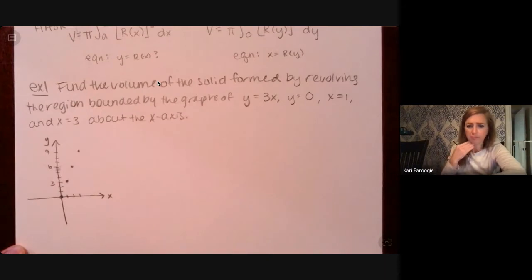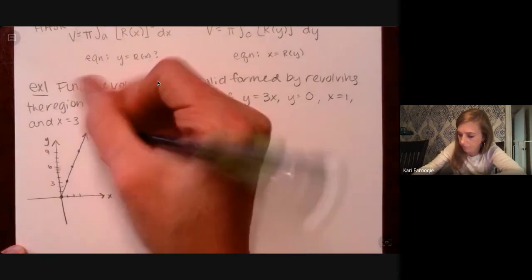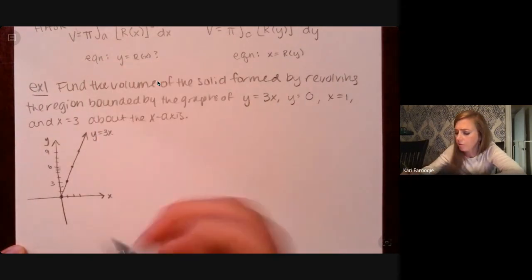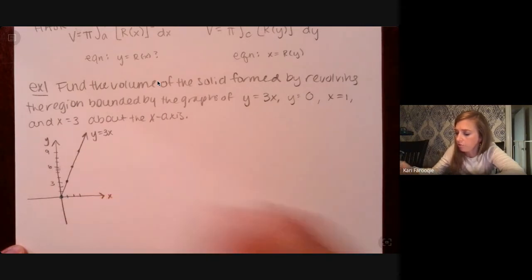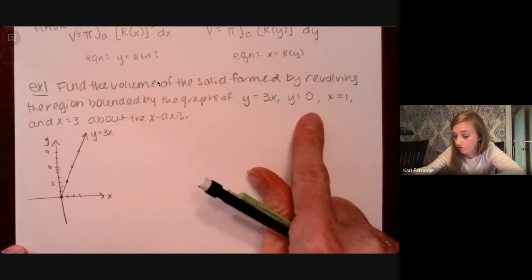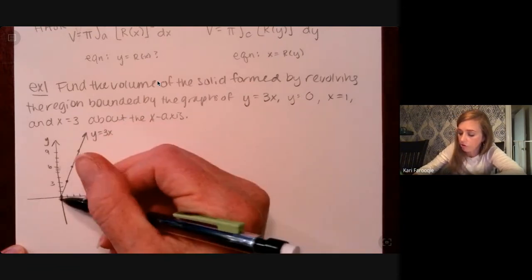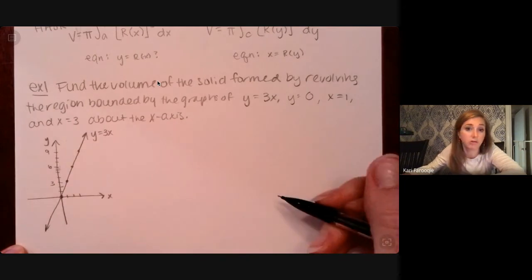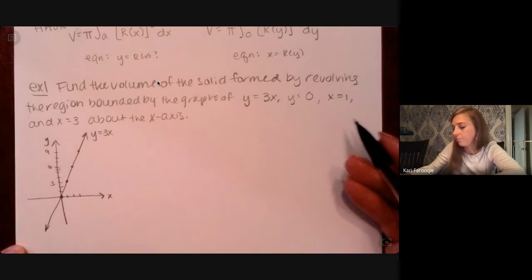So something like that. So there's y equals 3x. If you'd like, you can also graph it down here, but notice that we're bounding this by y equals 3x, y equals 0, which is the x-axis. So we actually don't need to worry about any part of this graph that goes down and to the left. If you want to just pop it on there, because technically it exists, that's fine.